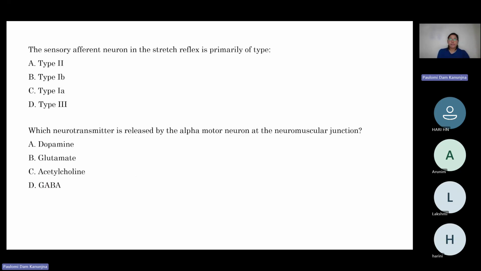So you know the sensory afferent neuron, right? Afferent is something which comes in, while efferent goes out, in this case to the muscle. So which one is that neuron? And the second one asks which neurotransmitter is released by the alpha neuron. These are very simple questions to begin with, so that's why they're at the beginning. You're welcome. Please do put in if you have any other doubts.